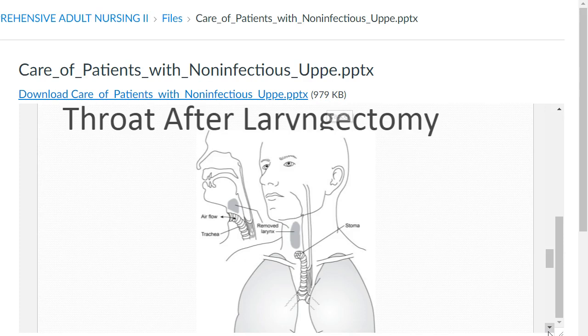Respiratory distress with a lot of edema, hemorrhage, infection, aspiration. And not only do these people need to understand how many aspects of their life change as far as communication, nutrition, but they also have to learn about trach and stoma care, hygiene, safety measures, and things like that.